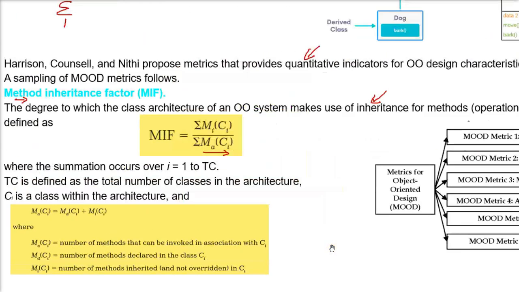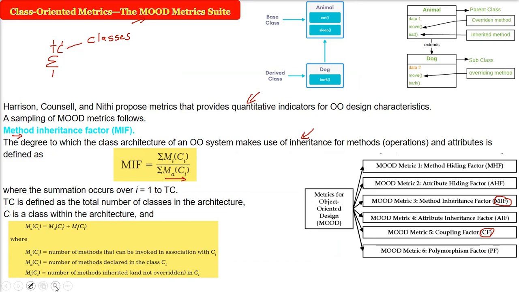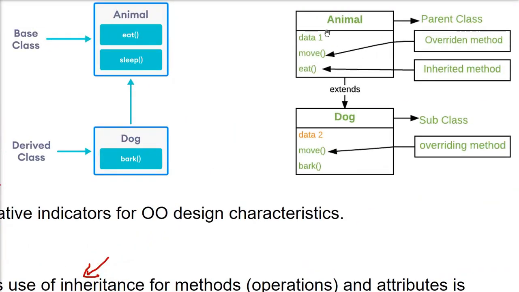Let me show you what is this inheritance and overriding. See, this animal class is there, and it has some attributes and functions. Now dog is extending or inheriting the animal. So all the content has come: data, move, eat. So this is inheritance, simple inheritance.